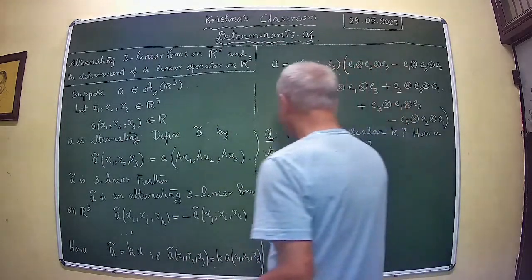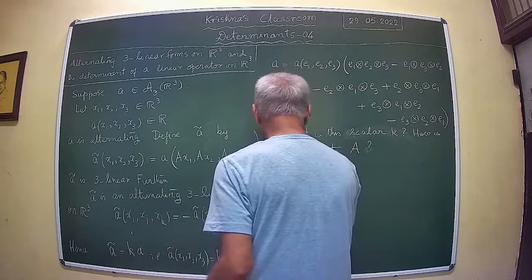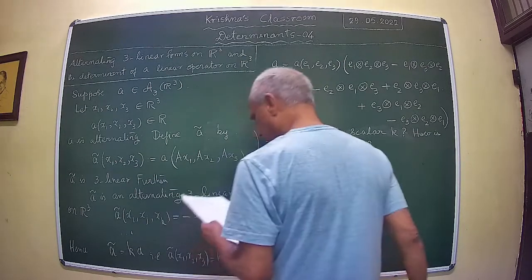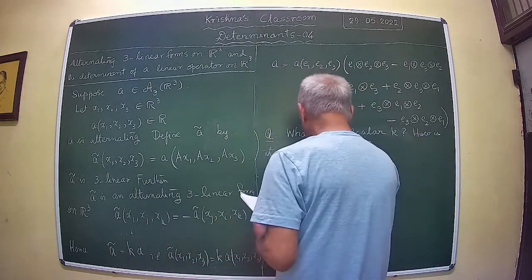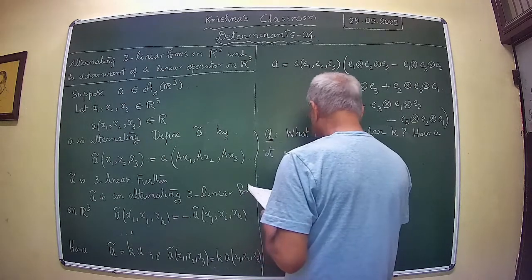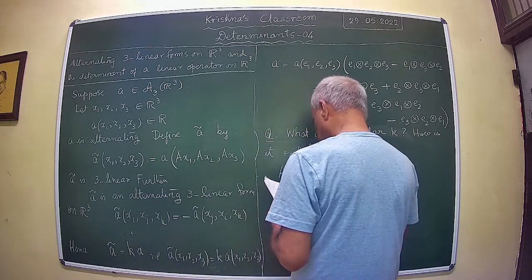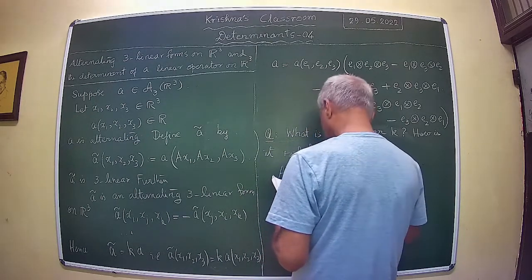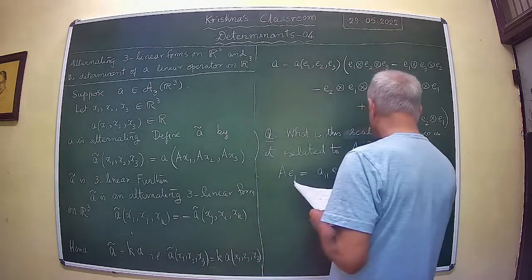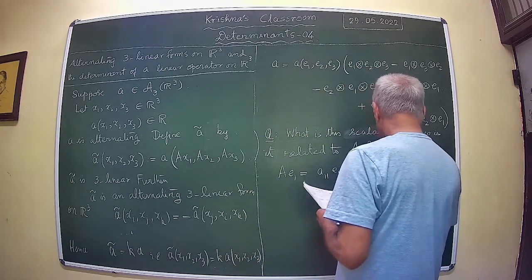Note that we will compute A E1. A E1 is equal to A11 E1 plus A21 E2 plus A31 E3.